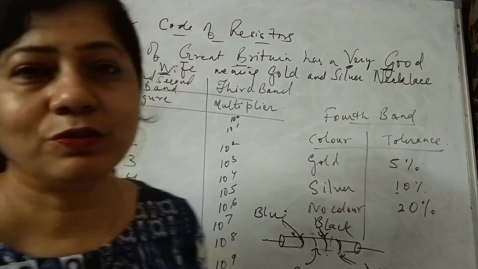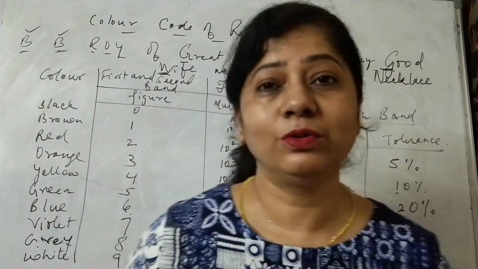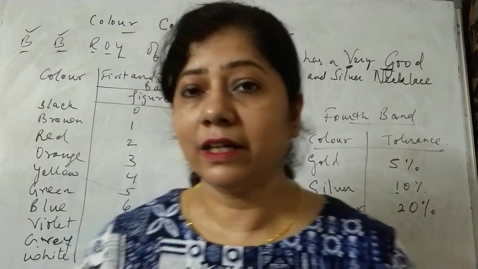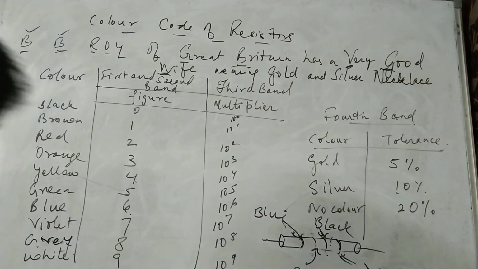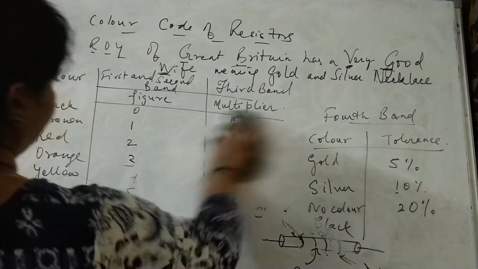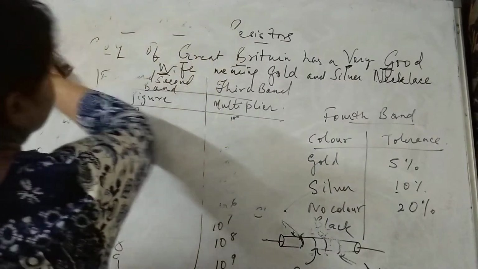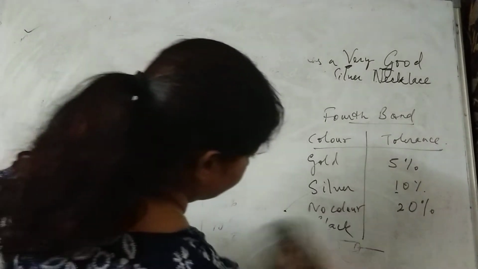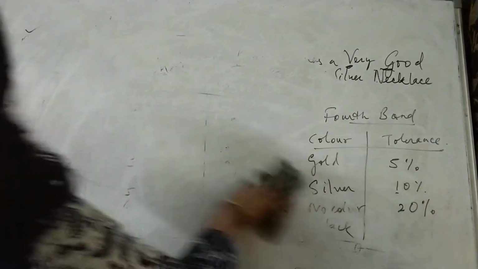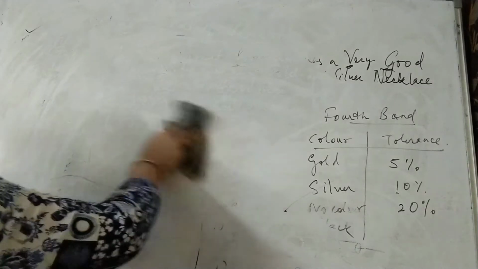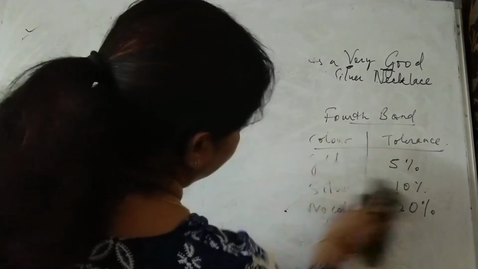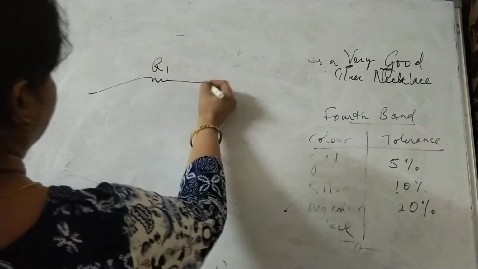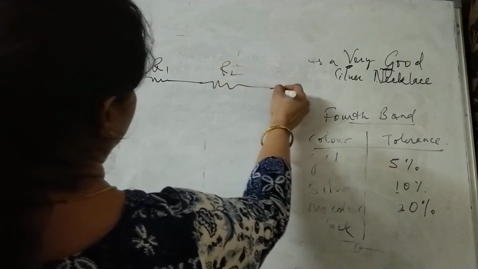Apart from that, when you deal with resistance, you should know how to combine resistances. When they are combined in series, series means you are taking resistors and joining them end to end. Let us suppose we have taken 3 resistors: one R1, another R2, and another R3.